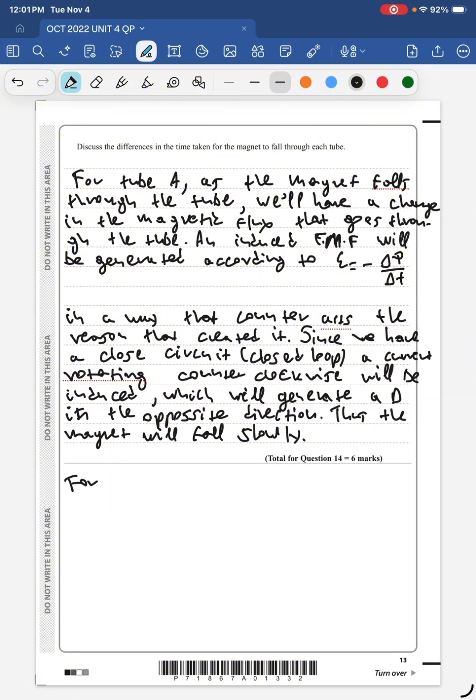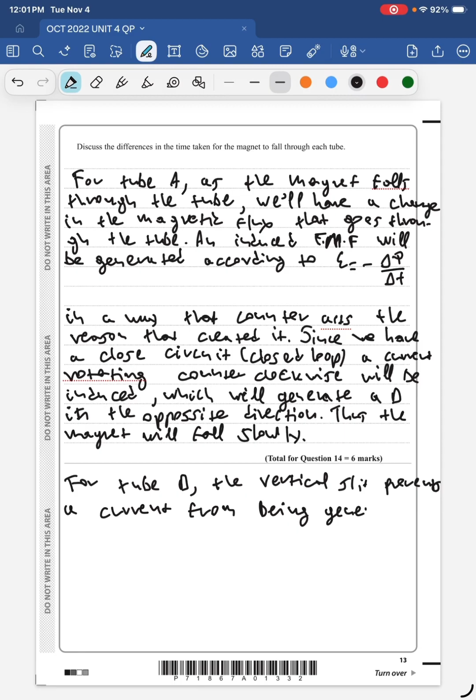For tube B now, the vertical slit prevents a current from being generated, since we don't have a closed loop.